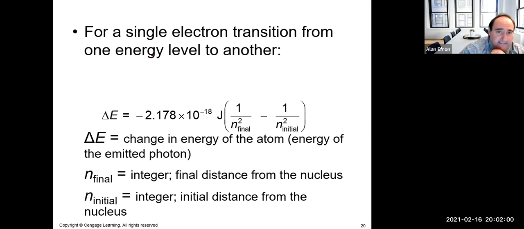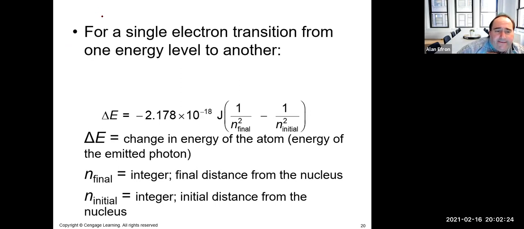And it is this equation here. The change in the energy of the atom is equal to minus 2.178 times 10 to the minus 18 joules times 1 over n squared final, that's the final energy level squared, minus 1 over the initial energy level of the electron.